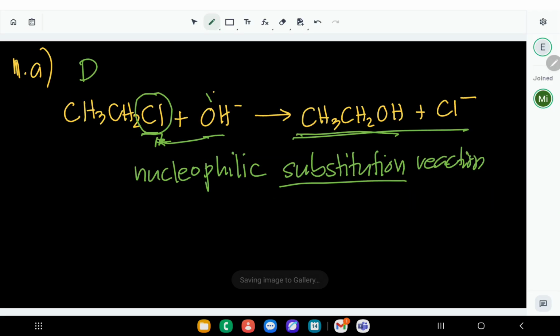Then for letter B, how do the boiling temperatures of ethanol and chloroethane compare? And what is the reason for the difference? Okay, the answer here from your paper, it's letter A. Ethanol has a higher boiling temperature, and the reason is ethanol molecules form hydrogen bonds.